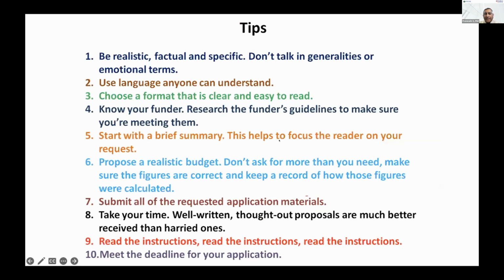So final slide is, try to be realistic. Be specific. Don't use generalities. Use simple language, jargon free. As I told you, it's a good idea to upload a slide deck in PDF format as a concept note.